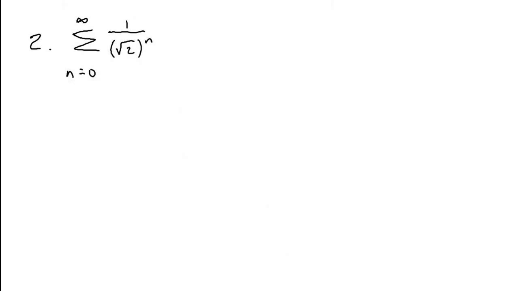So now for number 2, let's say we have the series from n equals 0 to infinity of 1 over the square root of 2 to the n power. Now this might not look like the geometric series test at first, but what I can do is manipulate this series. So I can change 1 over the square root of 2 to the n power and bring the exponent outside of the fraction. So I can rewrite this as 1 over the square root of 2, the entire thing to the n power.